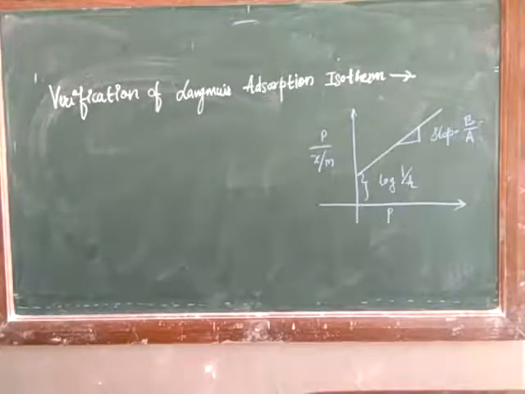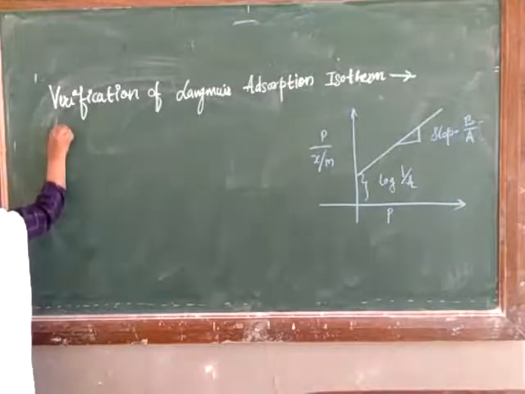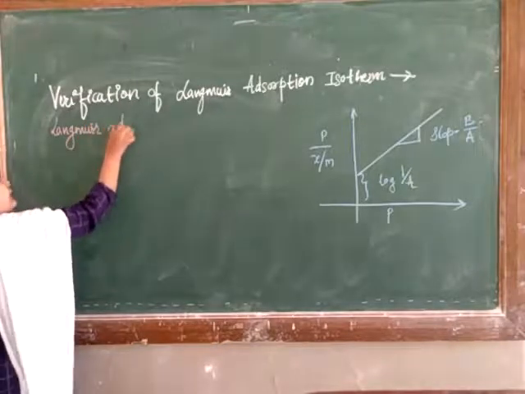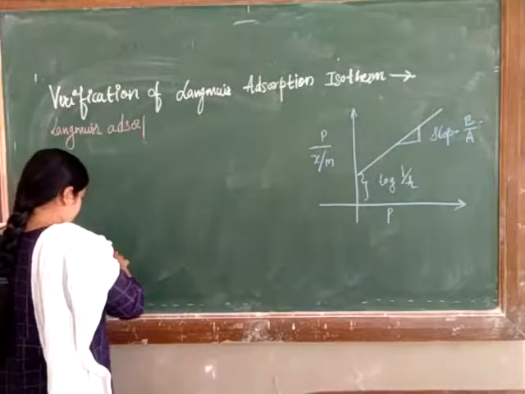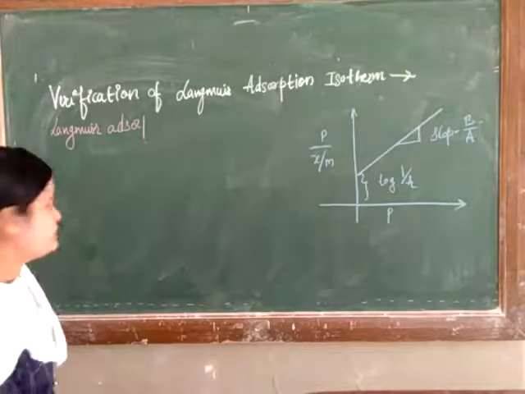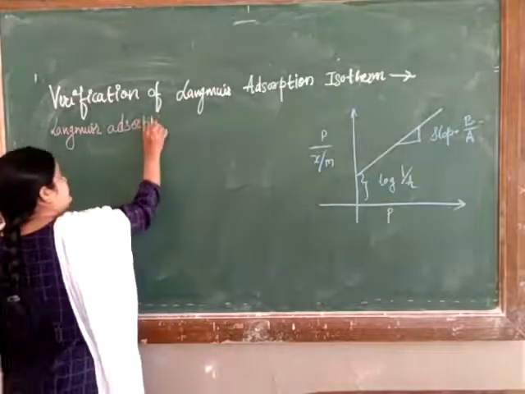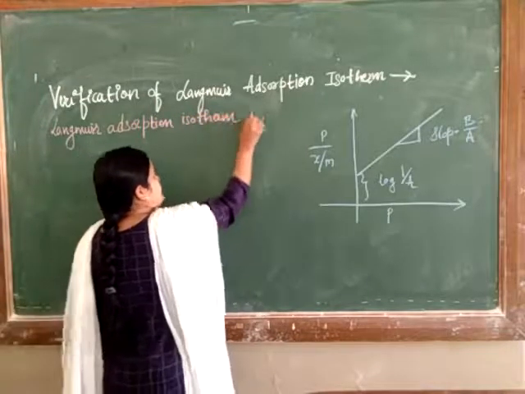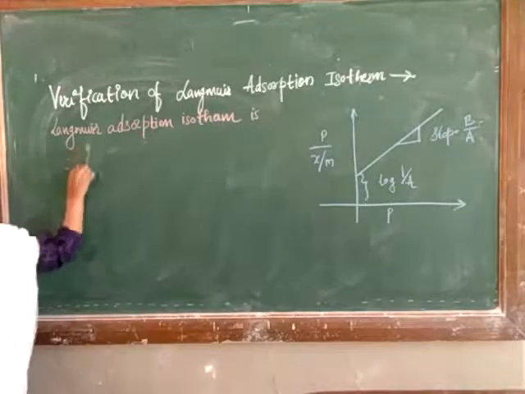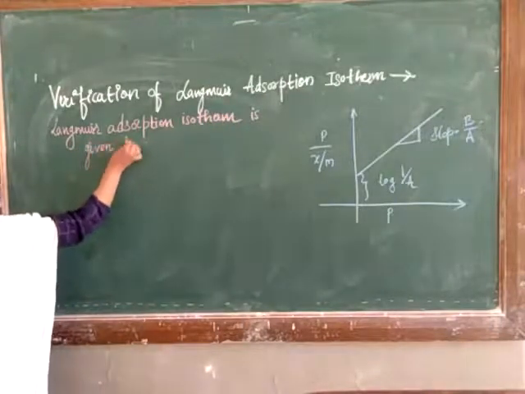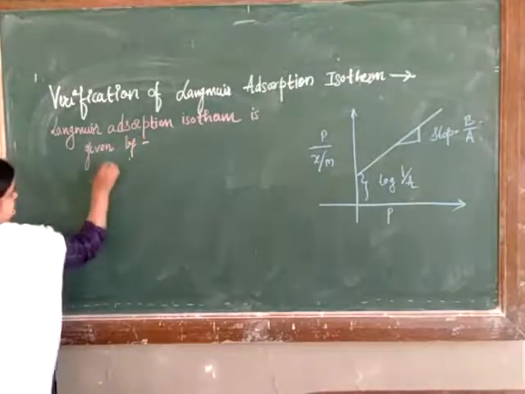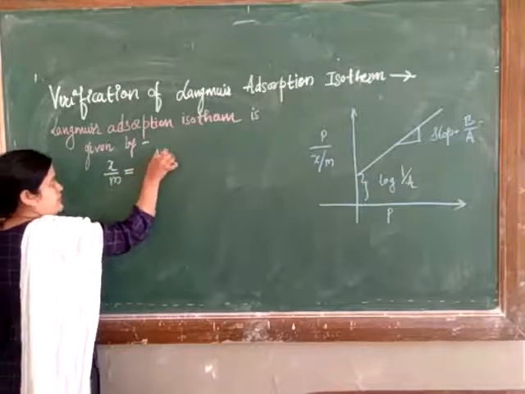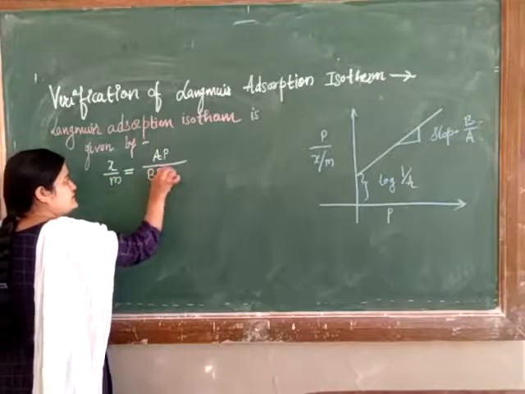For that, the linear adsorption isotherm is given by the equation x upon m is equal to aP upon bP plus 1.